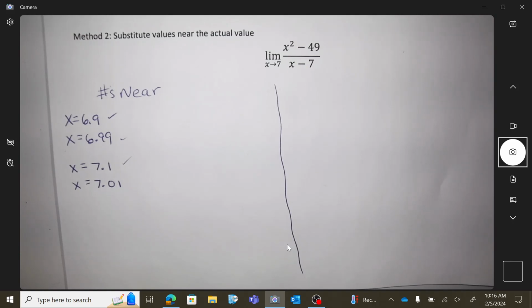So plug that x value into the equation and see if you get a number. Make sure you do your brackets, divide by brackets.